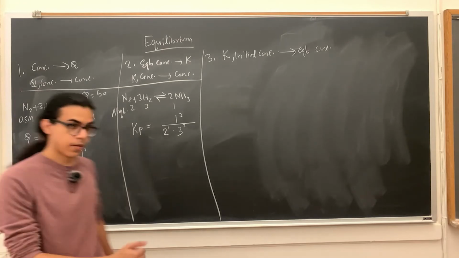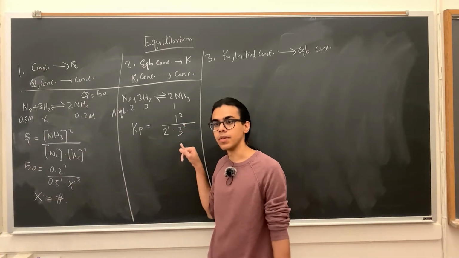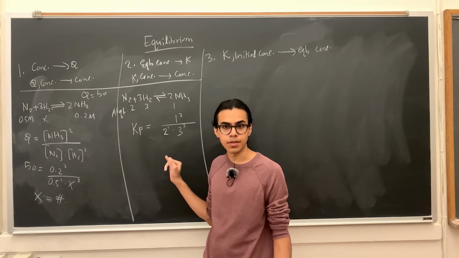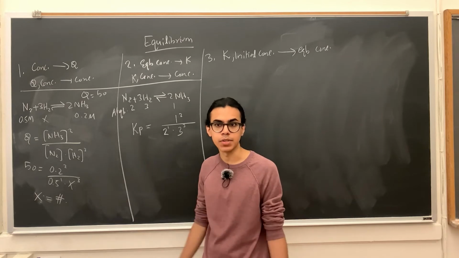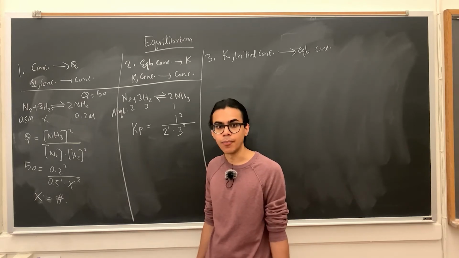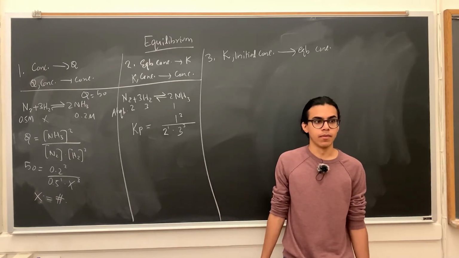And you can repeat an example here. You know some of the equilibrium concentrations, but one is missing, but you know the K value. Plug and chug, solve for the unknown. Okay. Any questions?